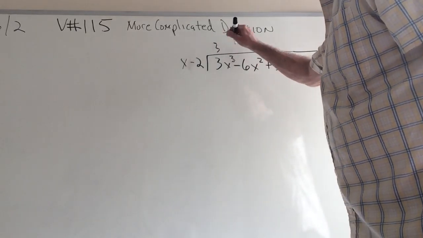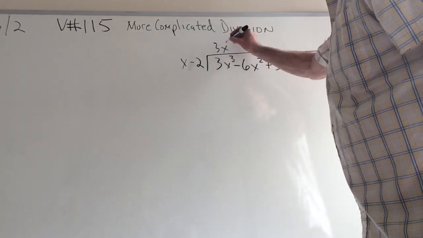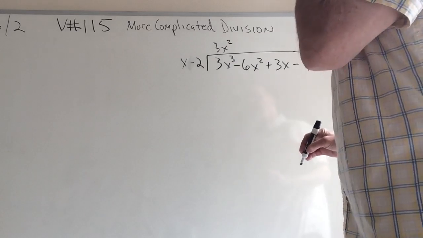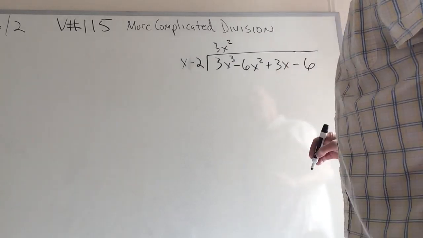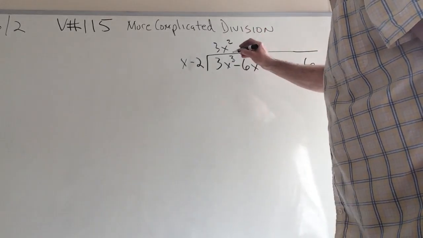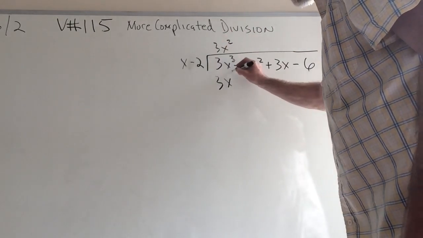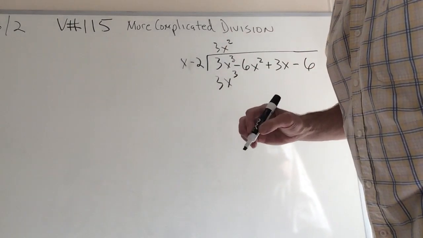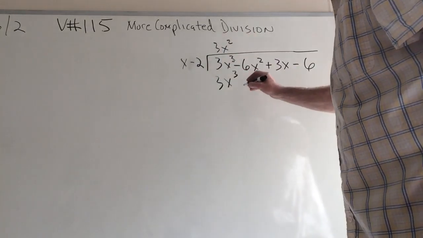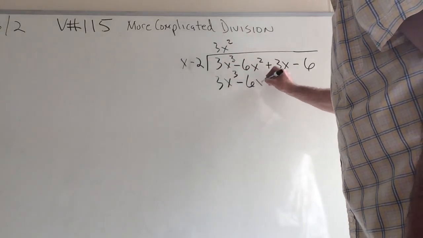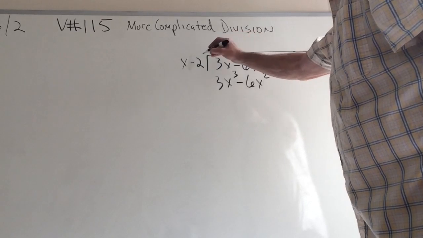So how many times does x go into 3x cubed? Well, 2x squared. Work it backwards. Okay, this times this is x to the third. So I'm going to subtract that in a second, but I got to write down the second term here. Everybody see what I did?